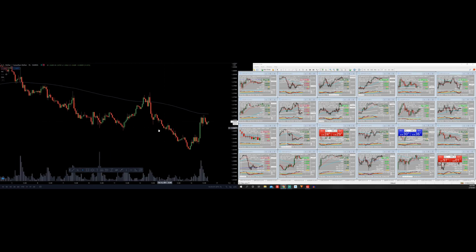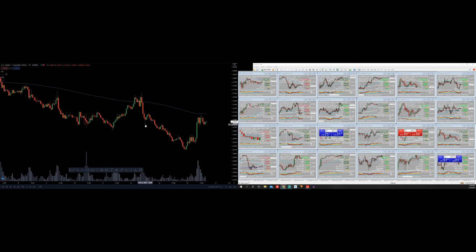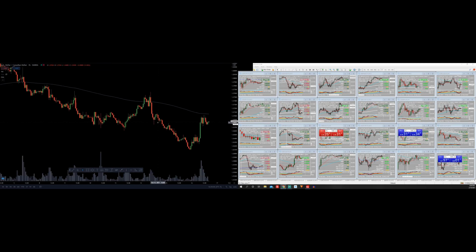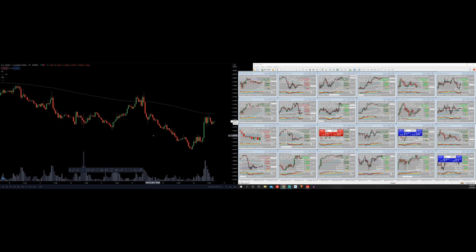But when the price came down and made this higher low here, I was going to try to take it back up to this level here. So I stayed in the trade probably 2 or 3 hours, put my stop below this candle, and wound up getting stopped out of this one.